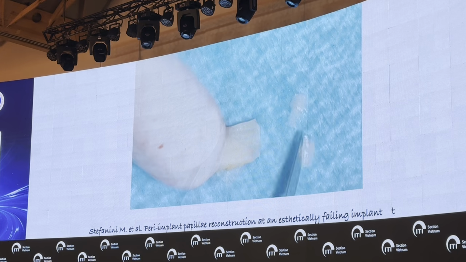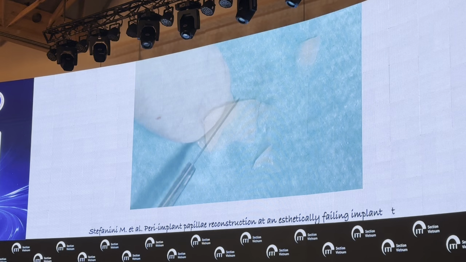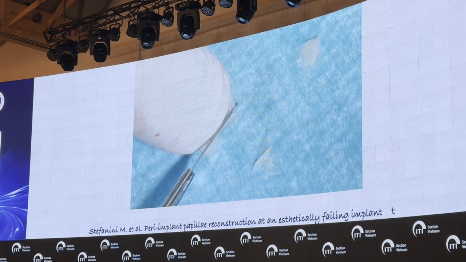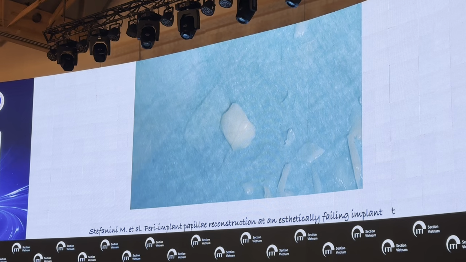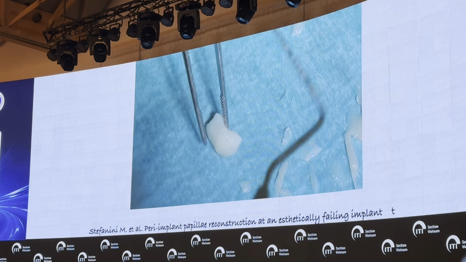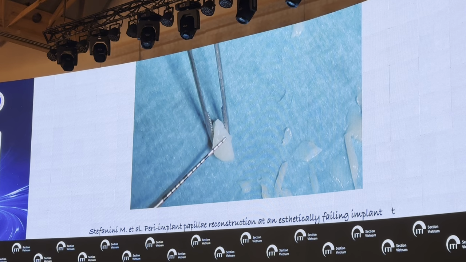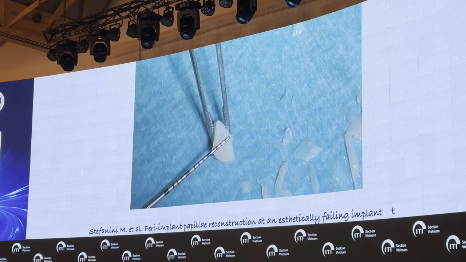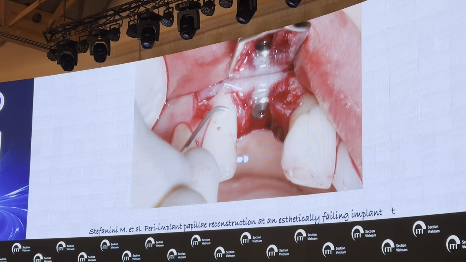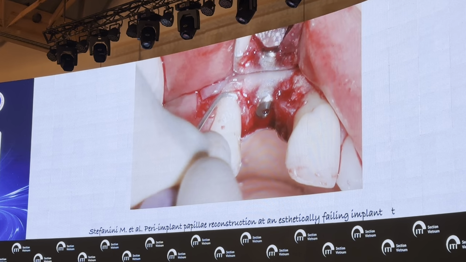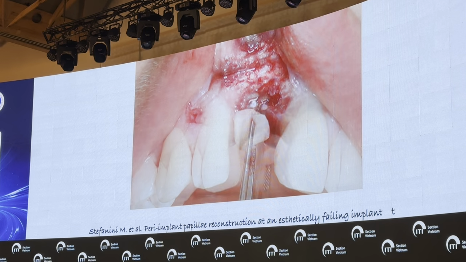Then it's a little bit more challenging when you have to make the desepithelialization, that should be performed using a new blade, the light of the chair perpendicular, a drop of saline, and removing slices of epithelium. It's like sushi. It's not an external peeling, but it's a slice of epithelium. In this way, you are quite sure, if you remove a slice, that you are removing all the epithelium.